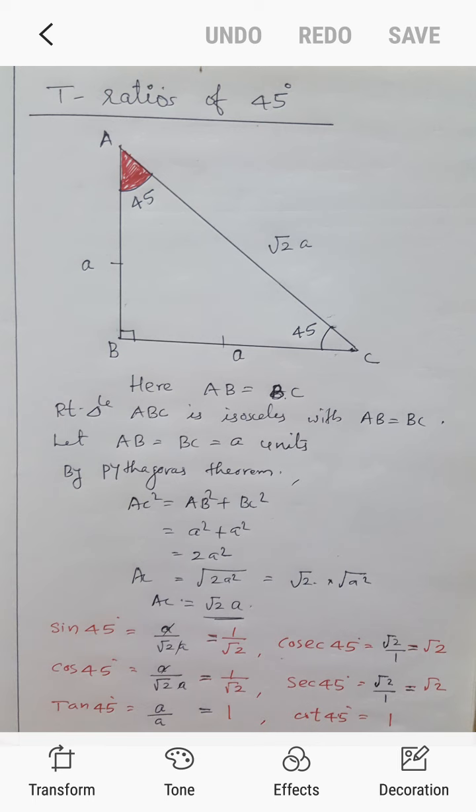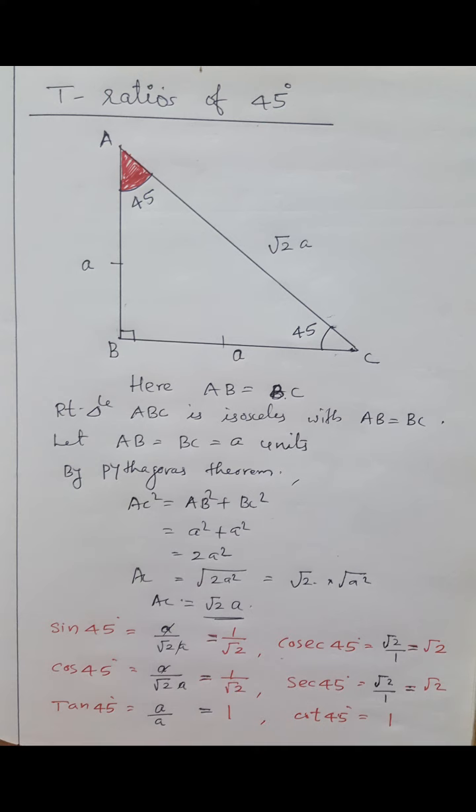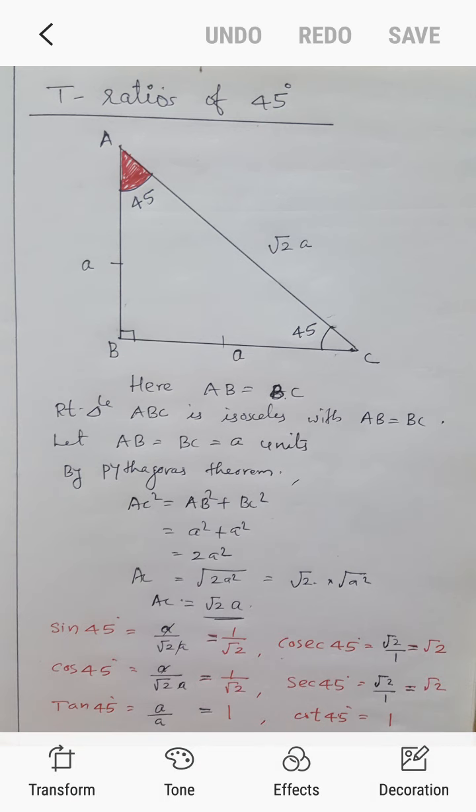And sine 45, you see here, sine 45 equal to A by root 2A, which is equal to, A and A are cancelled, 1 by root 2. Since sine 45 is 1 by root 2, cosec 45 is the reciprocal of sine 45, which is equal to root 2 by 1 equal to root 2.